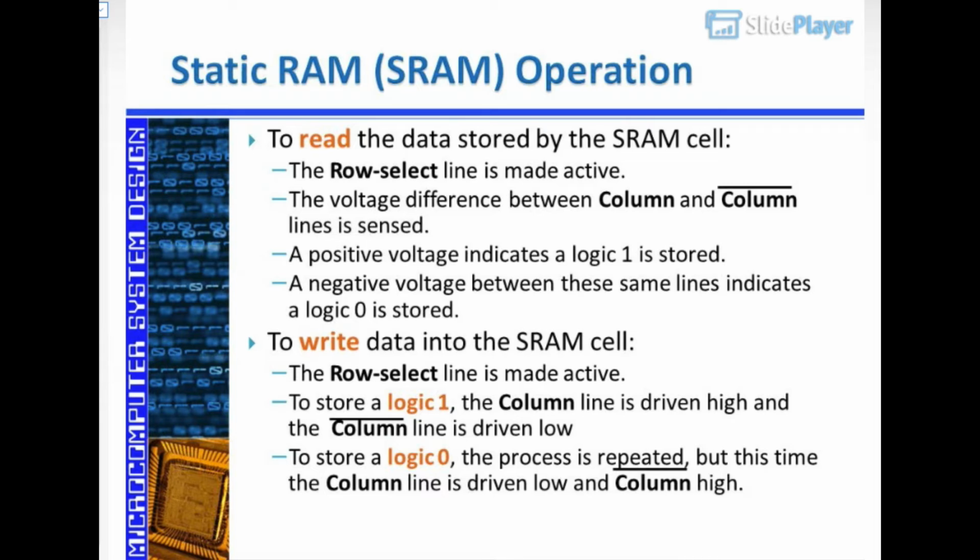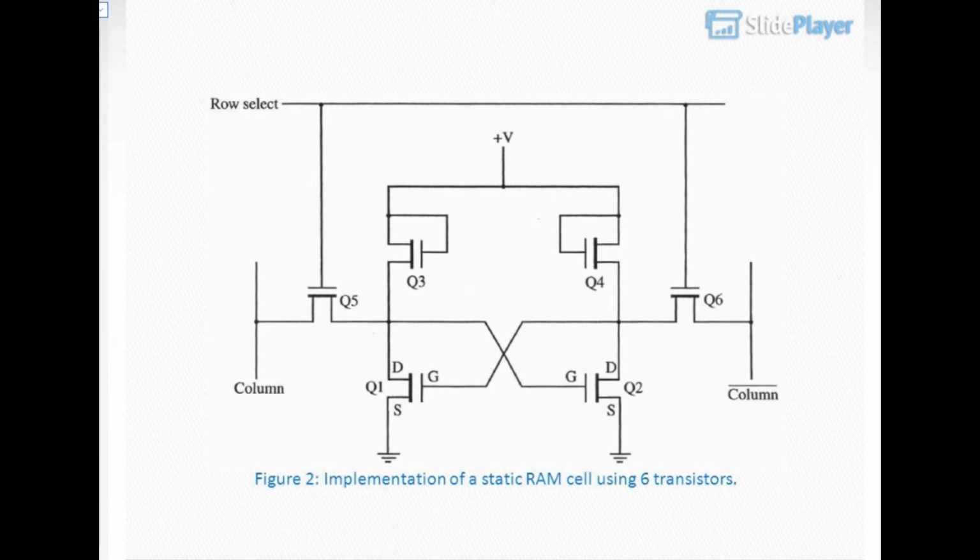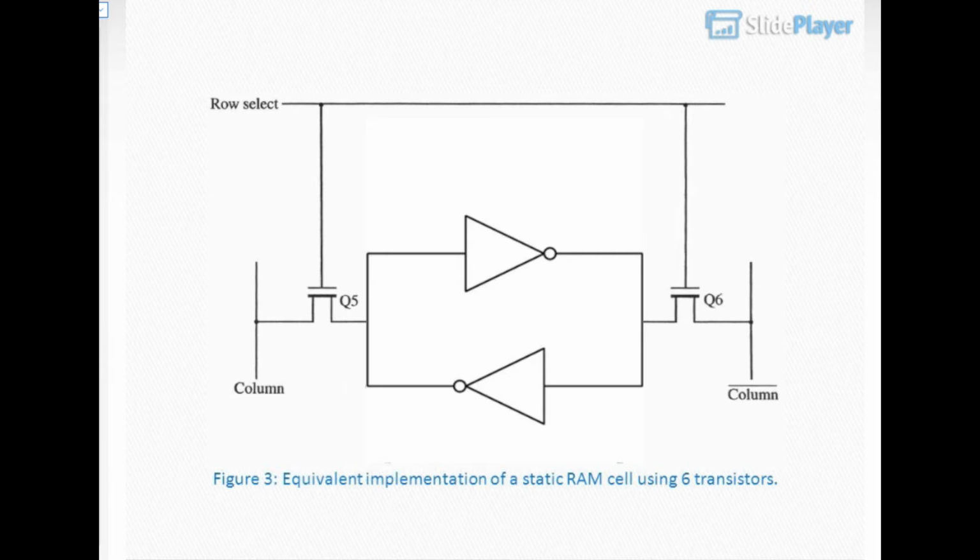To write data into the SRAM cell: to store a logic 1, the column line is driven high and the column-bar line is driven low. To store a logic 0, the process is repeated, but this time the column line is driven low and column-bar high. Figure 2, implementation of a static RAM cell using 6 transistors. Figure 3, equivalent implementation of a static RAM cell using 6 transistors.